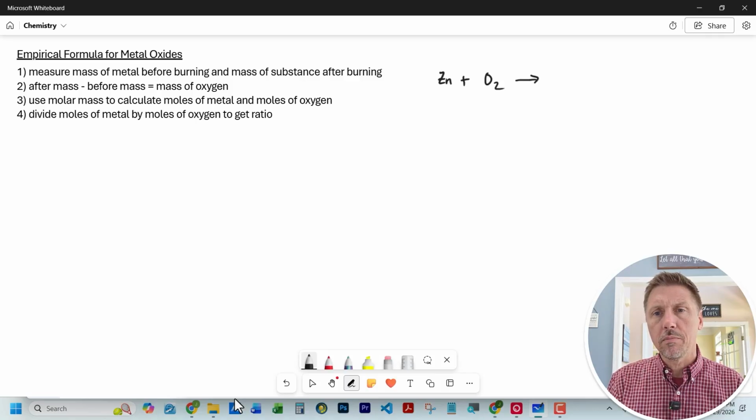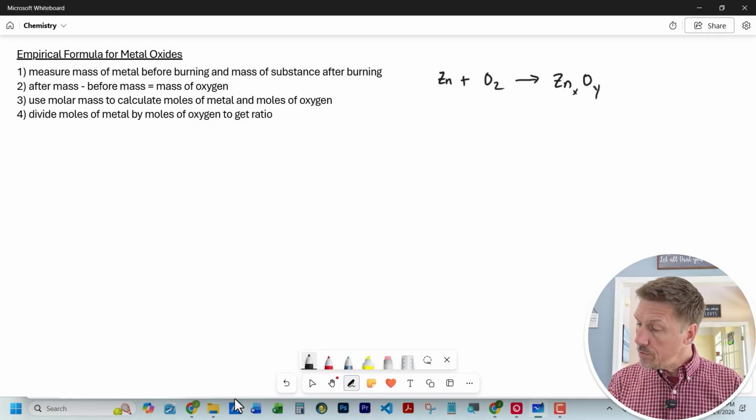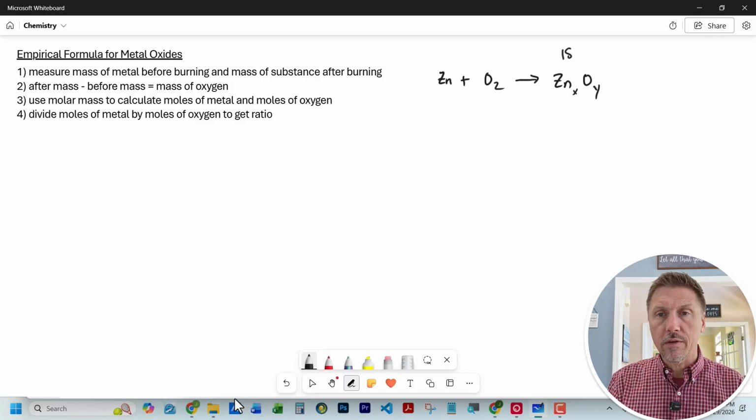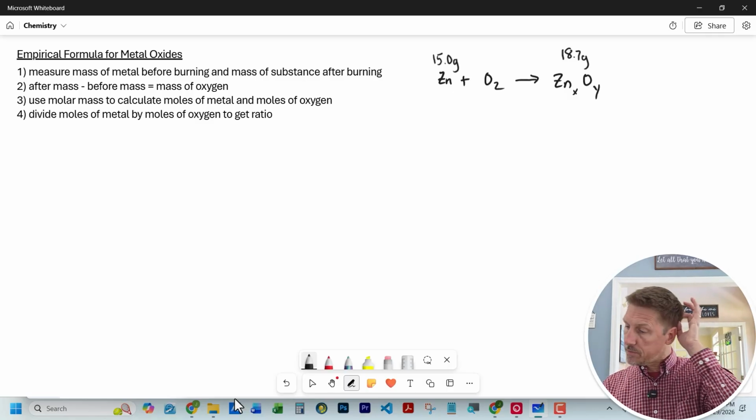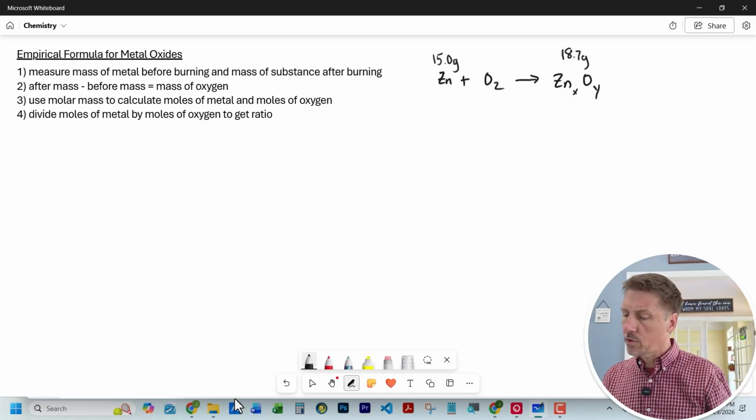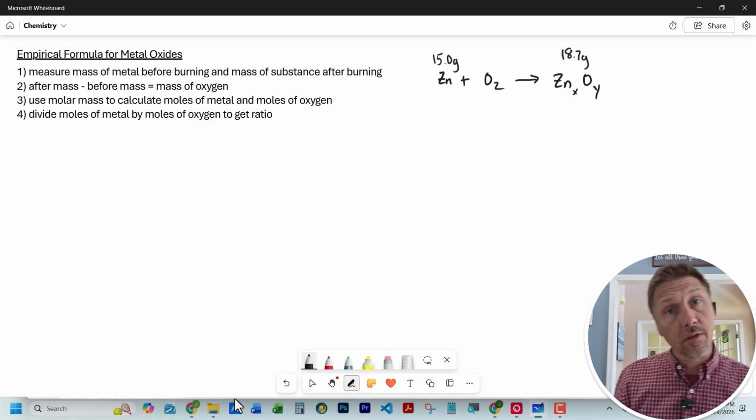And the outcome is going to be this zinc oxide. We don't know how much zinc or how much oxygen, but what we do know is that we produce 18.7 grams of this stuff, and we started with 15.0 grams of zinc. And so the question is, what is the empirical formula for the product?